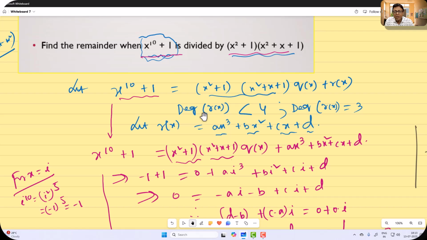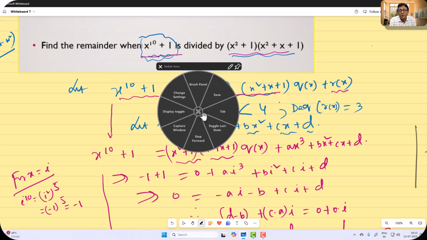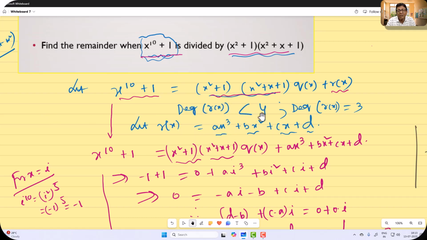Now the degree of R(x) is less than 4, isn't it? Why? Because R(x) should have degree less than the degree of the polynomial which you are going to use for division. So the degree of R(x) should be less than the degree of this 4th degree polynomial, less than 4.